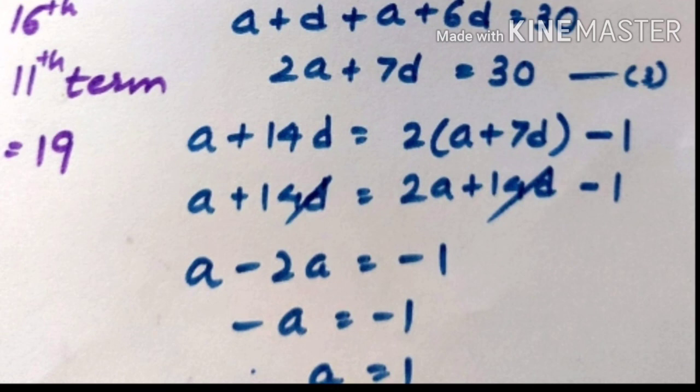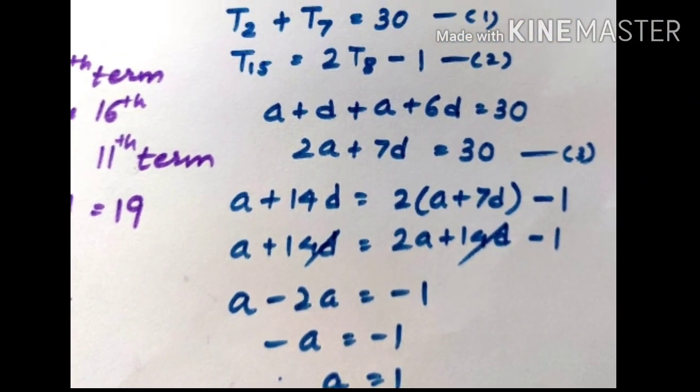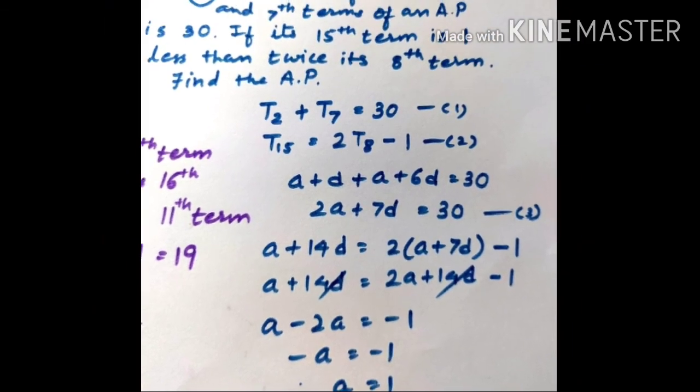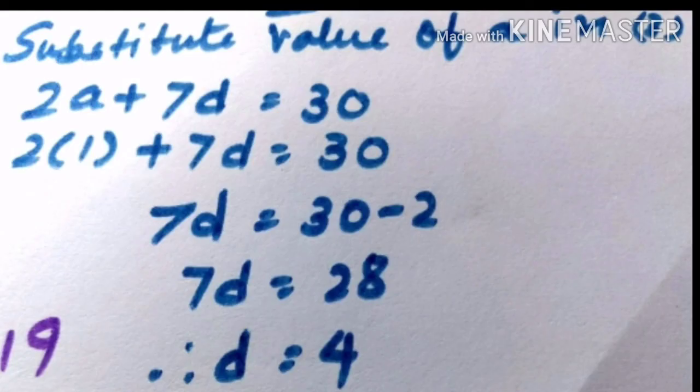Now we have to find the D term, the common difference. For that we will substitute the value of A in equation number 3. Our equation number 3 is 2A plus 7D is equal to 30. In this equation we put the A value 1. So 2 into 1 plus 7D is equal to 30.